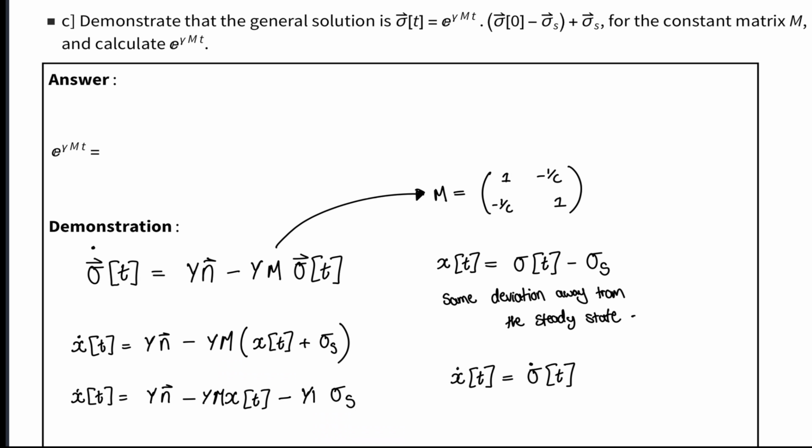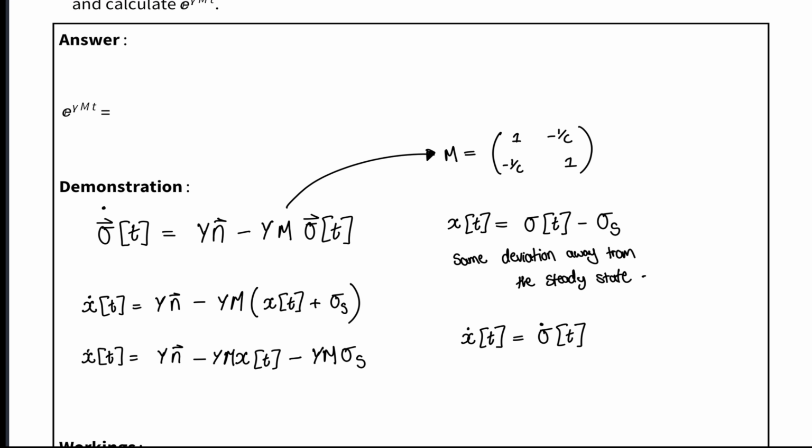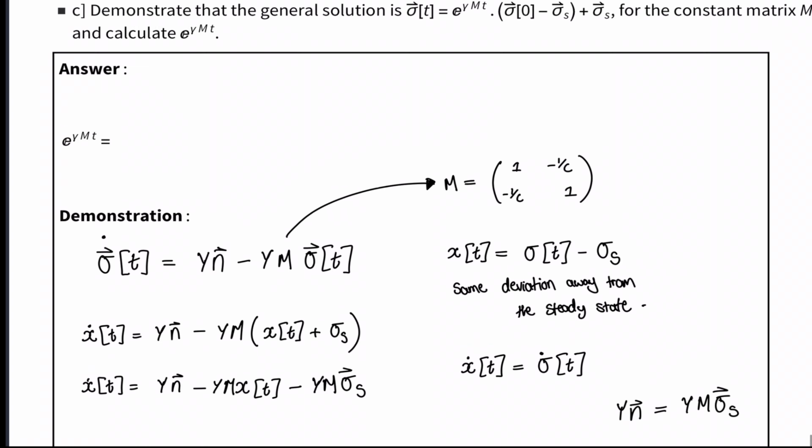Okay, so now we have this new equation, and what we should notice is that gamma eta is going to be equal to gamma M sigma, the steady state. And why is that?